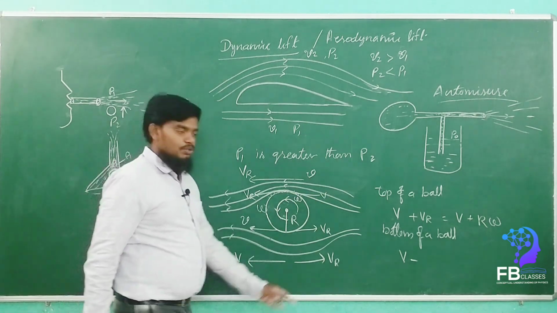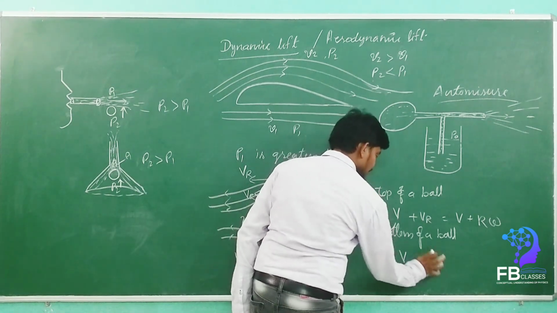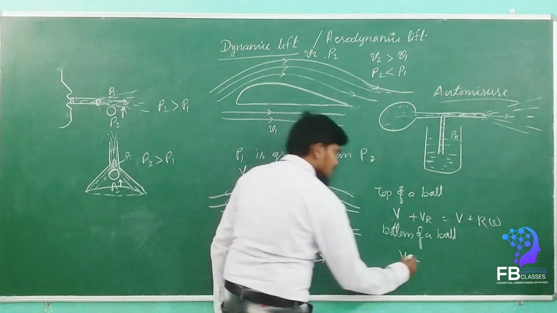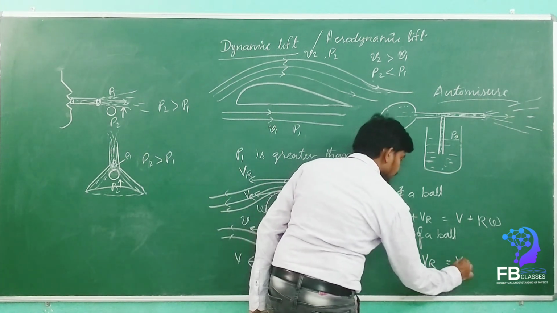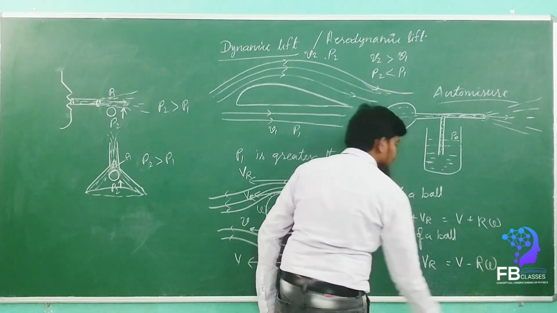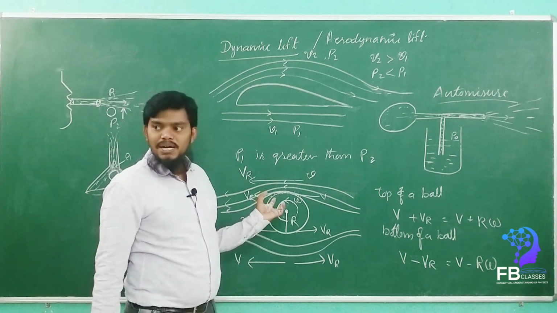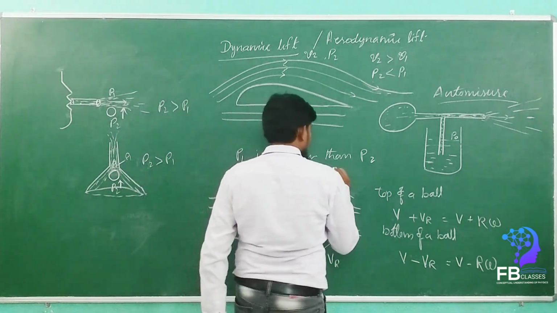Got it? So at the bottom side, v minus vr is equal to v minus r omega. So this effect we can call the Magnus effect. Okay.